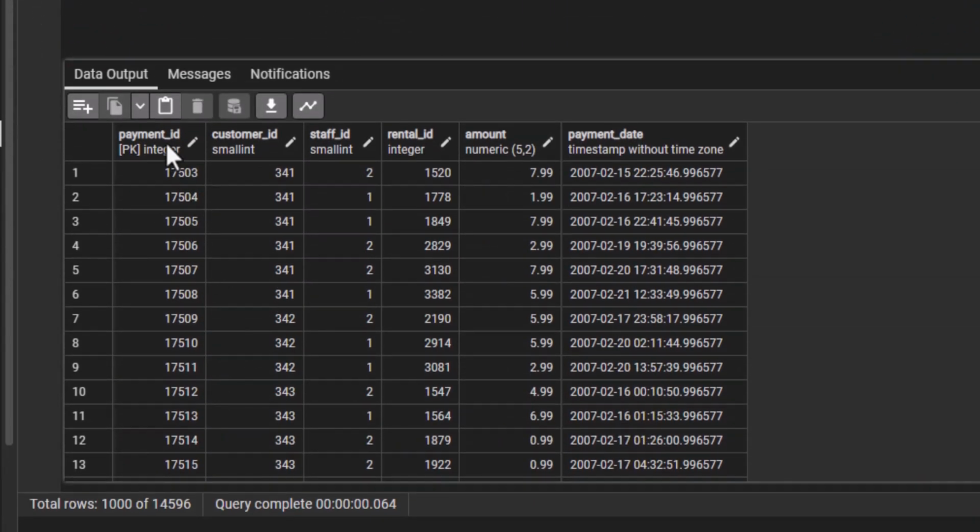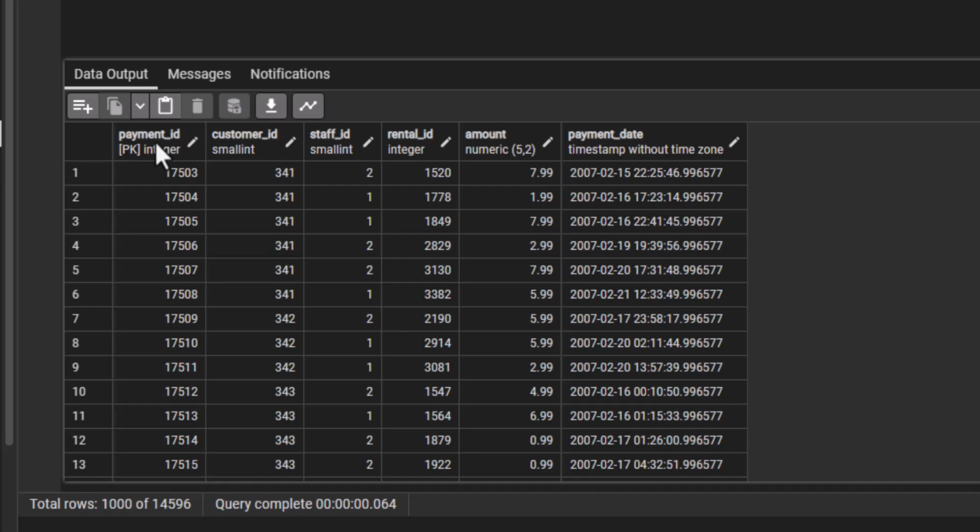You can see that we have the payment ID, the customer ID, the staff ID, that's the ID of the staff that attended to the customer, the rental ID, and then we have the amount, and then the payment date. Remember that the payment ID is just an ID that helps to track each of the payments being made.